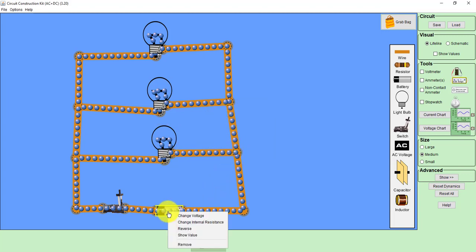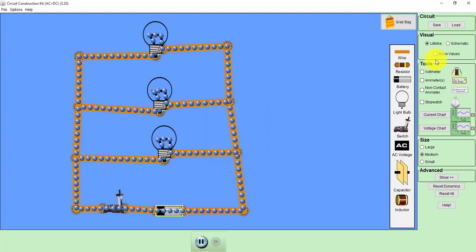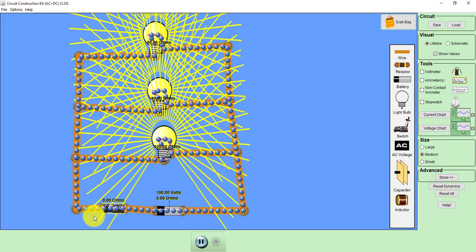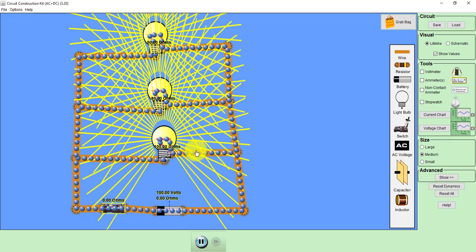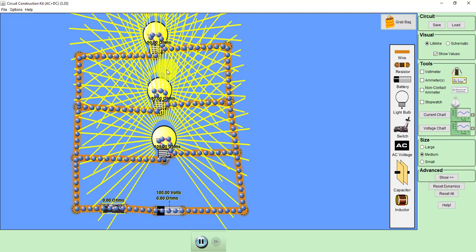Now let us adjust the battery voltage to say 100 volt. I will click here on show values. Now I will close the switch. As soon as I close the switch, current starts flowing, electrons are moving and these bulbs are on.